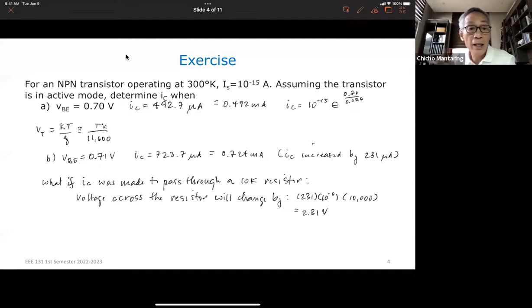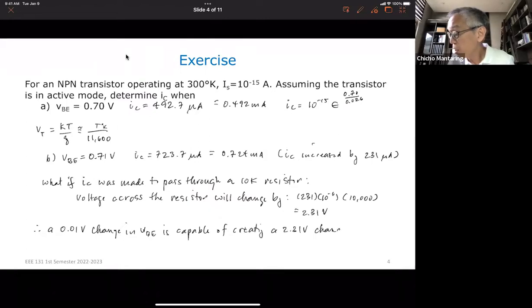Okay. So I just wanted to illustrate that a 0.01 volt change in VBE is capable of creating a 2.31 voltage change across a resistor if that resistor is fed by this transistor.